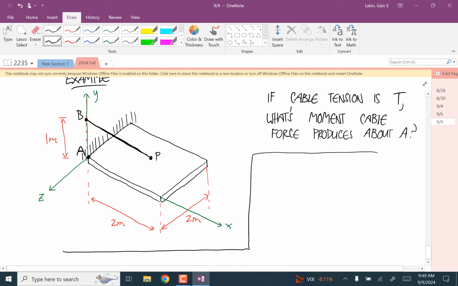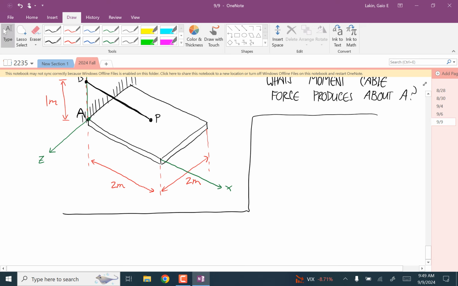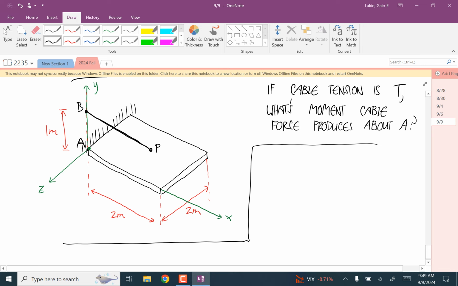So what we're going to do to find that force is find the coordinates of B and the coordinates of P. Then we calculate a vector that goes from P towards B by just taking coordinates of B minus coordinates of P. Will that be a unit vector?